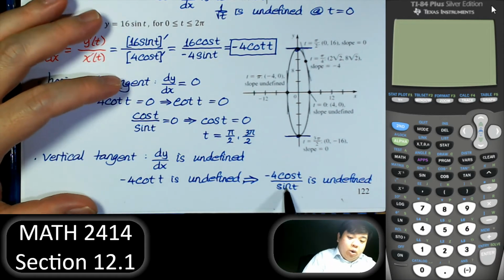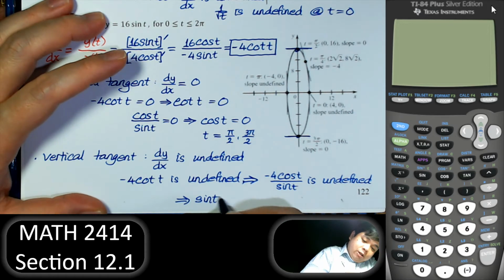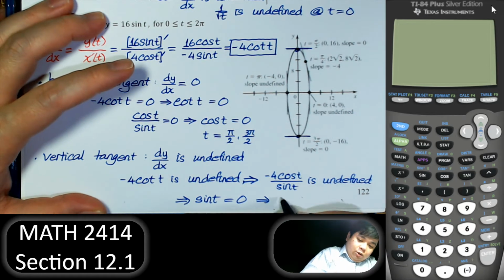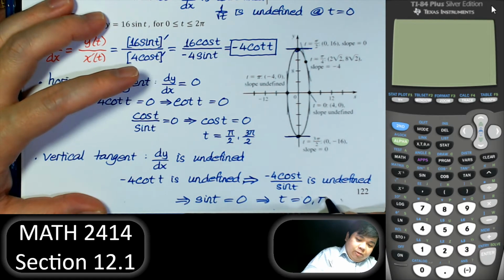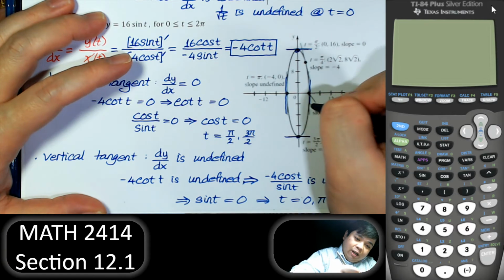This one's undefined where the denominator equals 0. So we have sine t equal to 0, so t equals 0 and pi. So we have vertical tangent here and here.